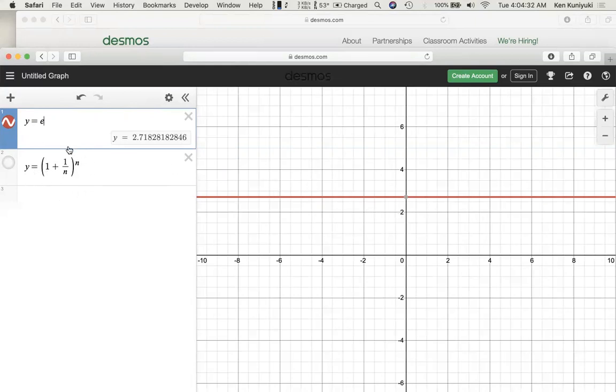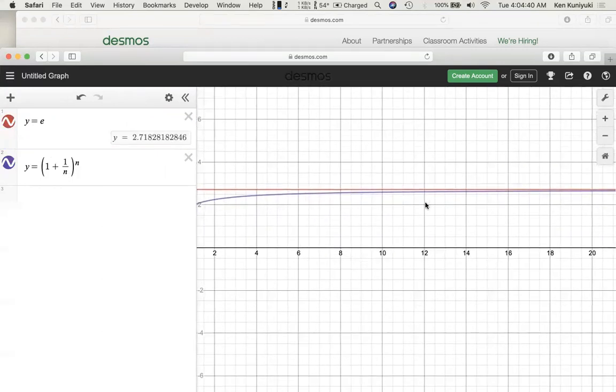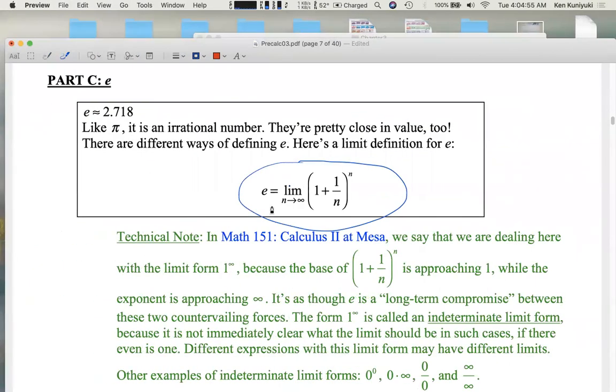Y equals this function of n, or x, as the case may be. Graph that. Hey, look at this. As n approaches infinity, the y-coordinates, the value of this whole thing over here, is approaching E. So y equals E is a horizontal asymptote for this as n approaches infinity. That's one calculus definition for E.